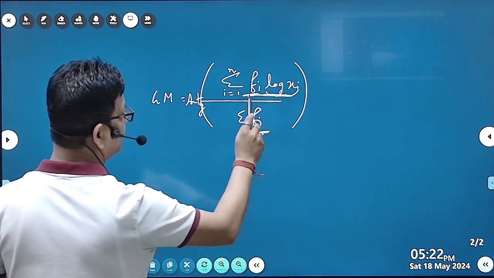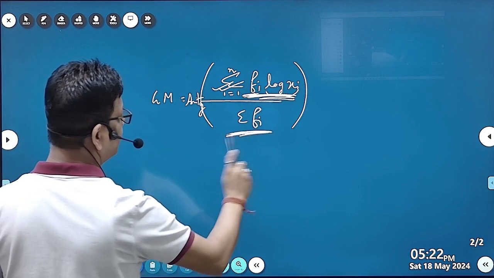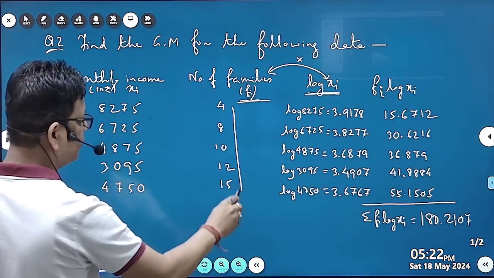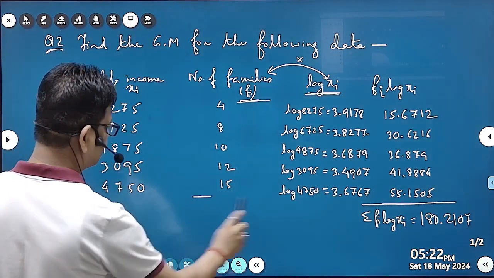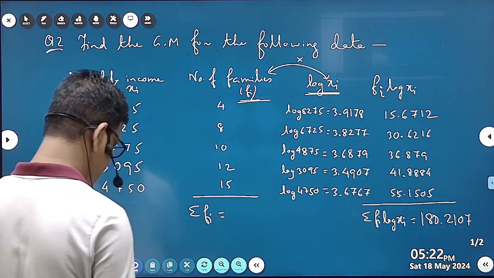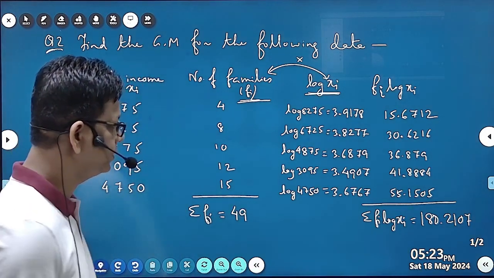So we got fi xi, fi log xi, and the summation also we did. Now you have to find the summation of fi, that means the frequencies. These numbers we need to add. The sum is 49. Getting it? So the table is ready.